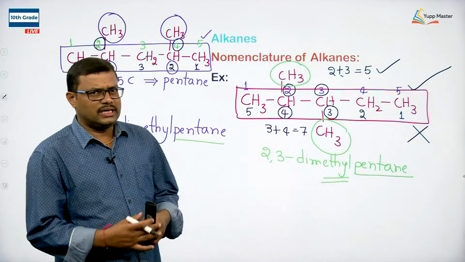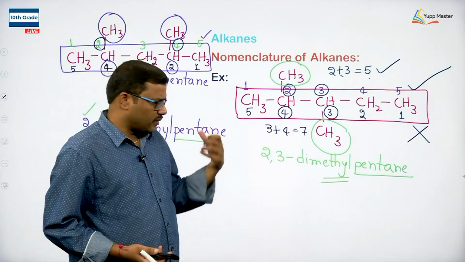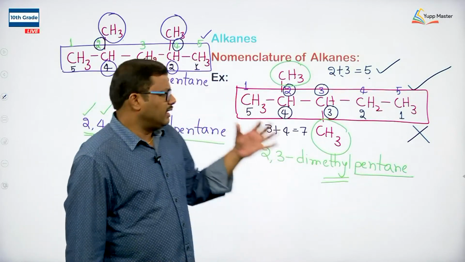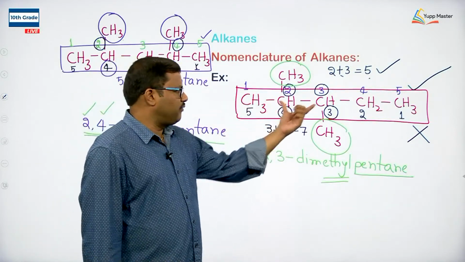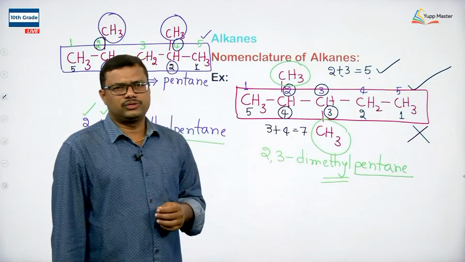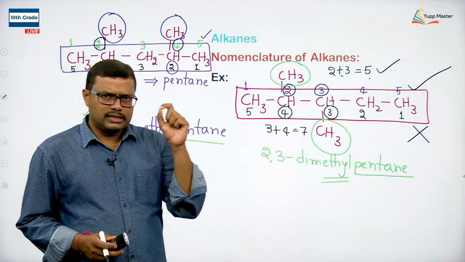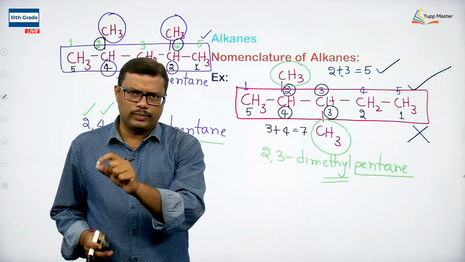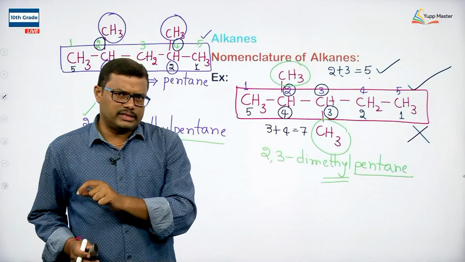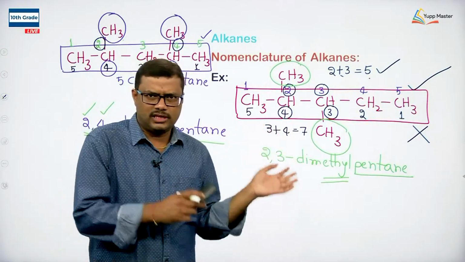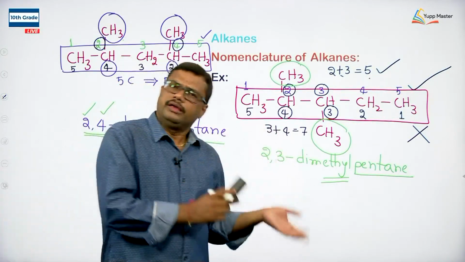So it is easy for us to even write the structure of a compound from the name, or it is also easy for us to derive the name from the given structure. So we can go in either direction. According to IUPAC, a single structure will have a single IUPAC name. An IUPAC name will have a single structure. So you can go in either direction, structure to name or name to structure.